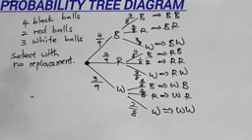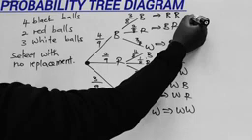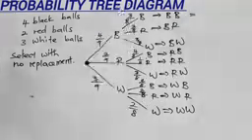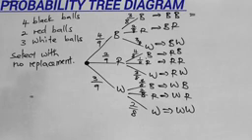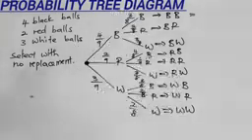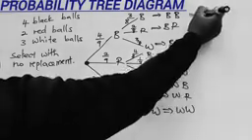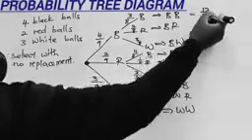So the probability of picking a black ball followed by another black, you multiply these two: 4/9 times 3/8. This gives us 4 times 3 is 12, so this is 12/72.